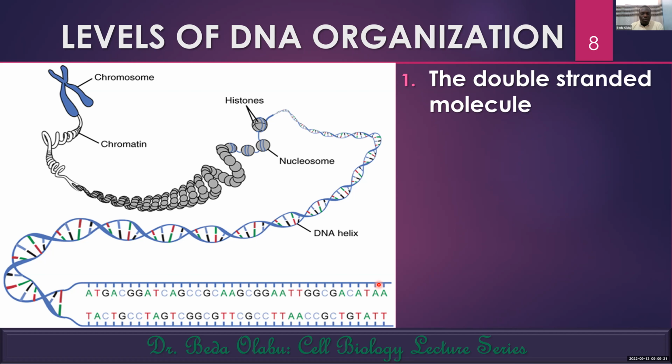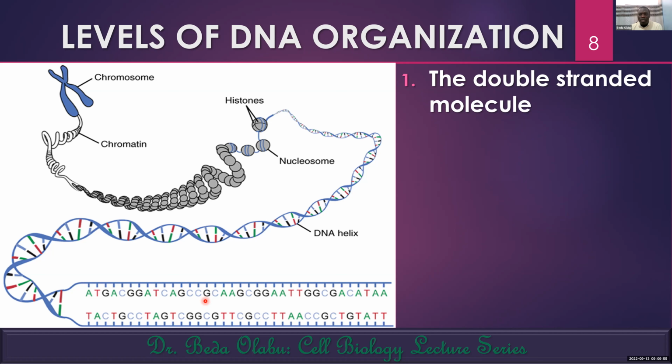But as an overview, there are 2 strands of DNA side by side. And so the molecule is a double-stranded molecule. This double-stranded molecule is the lowest level of DNA organization, beyond which now there's no DNA.